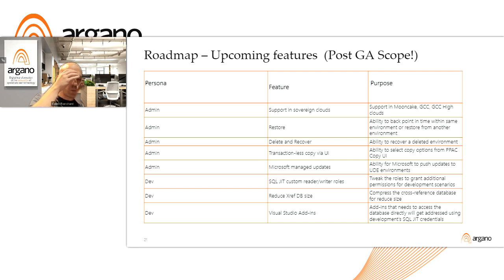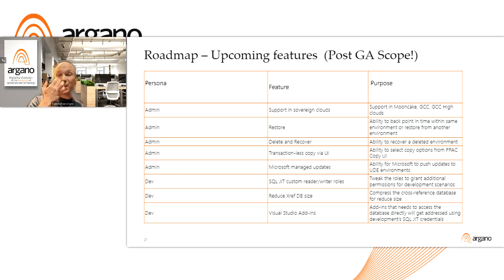So they're working on the ability to basically copy data, for example, from production, but remove the transactions, which would of course shrink your database size down probably significantly, therefore saving you capacity. So that's something that's coming.